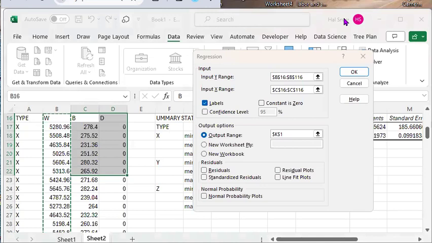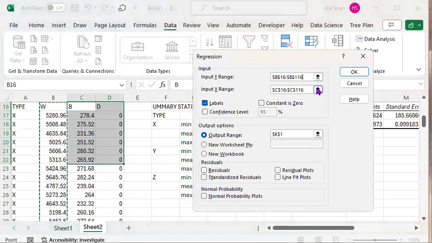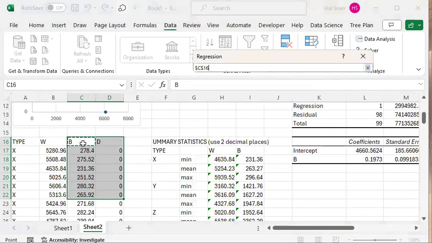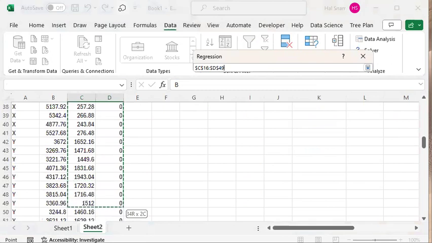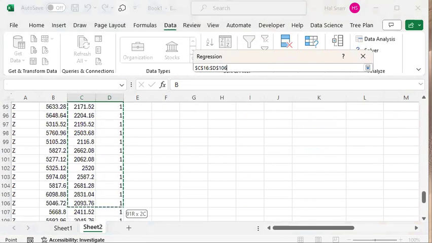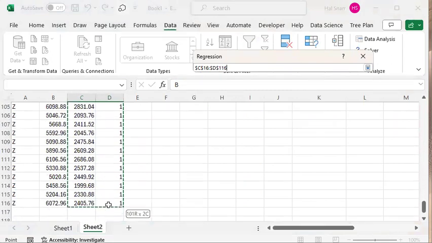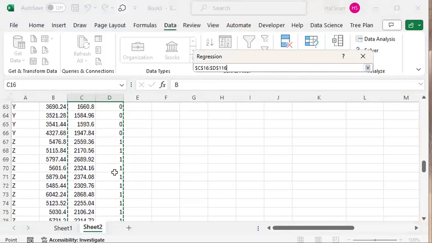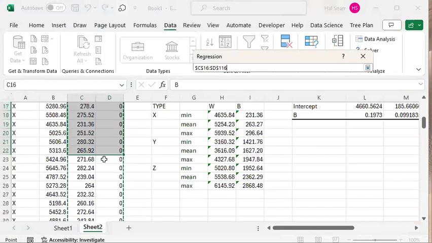But I've got my matrix X, where X1 is B and X2 is D. So I've got two X's. I'm going to click on this so I can add two columns of X variables: the dummy variable that is 1 for high productivity workers, 0 otherwise, and then the benefit level.